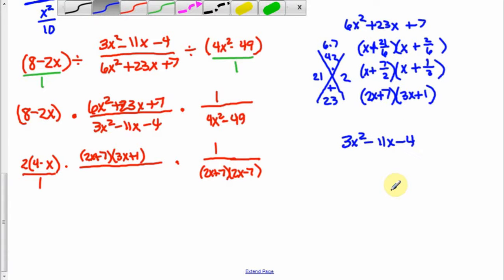If you do trial and error, that's fine. This is just my little way of doing it. Whatever works. If you already know how to factor it, you can ignore everything I'm saying. Remember, I want it to multiply to be 3 times negative 4. That's negative 12. And I want it to add to be negative 11. So that's pretty easy. That's negative 12 and positive 1.